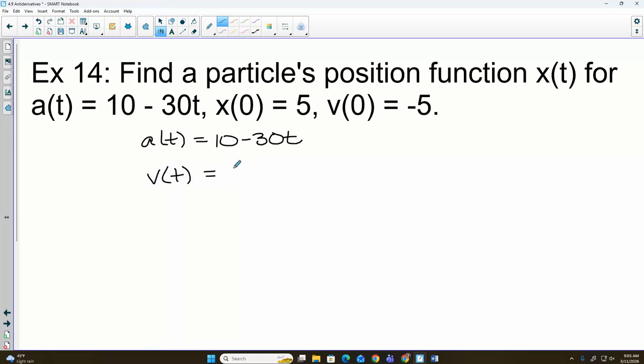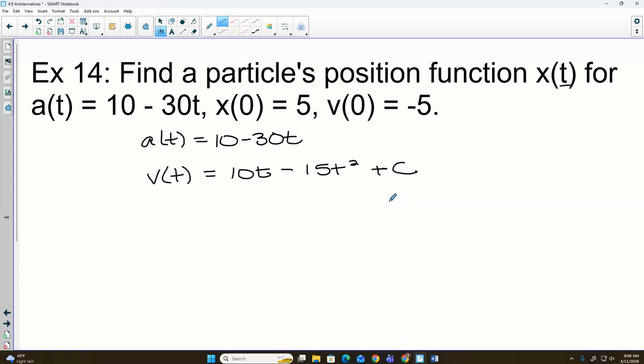Okay, so the antiderivative of 10 would be 10t, we're using t for the variable on this one. It could be x's, but since I set up t's, we'll stick with that. Minus the antiderivative of 30t, plus our constant on the end.